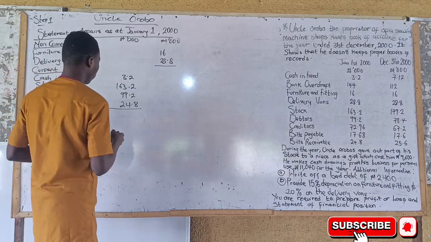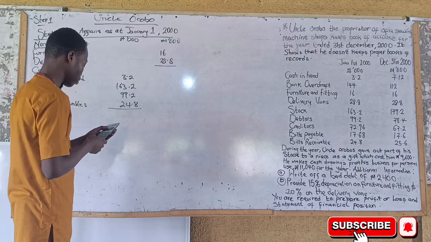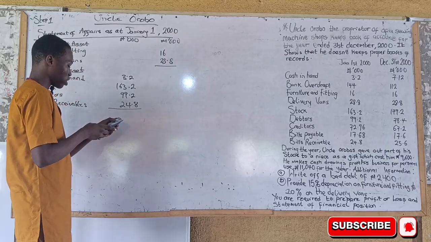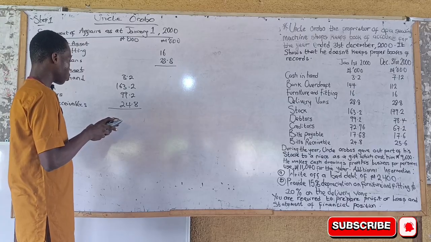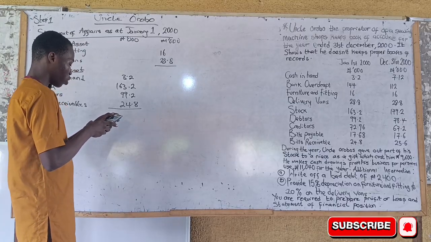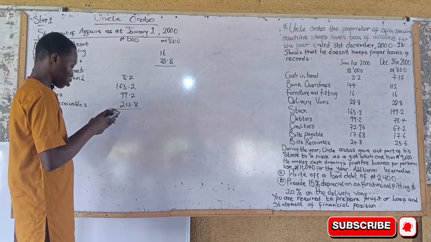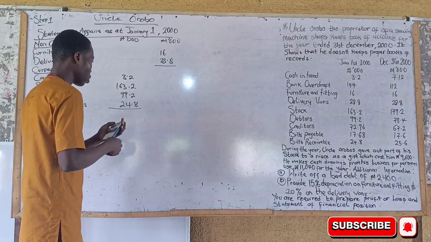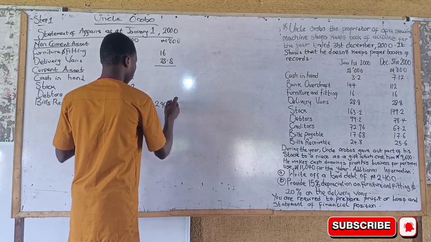Let's add this up. 3.2 plus 163.2 plus 99.2 plus 24.8. So that is 290.4.